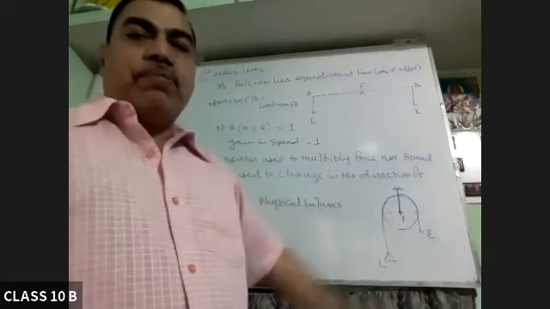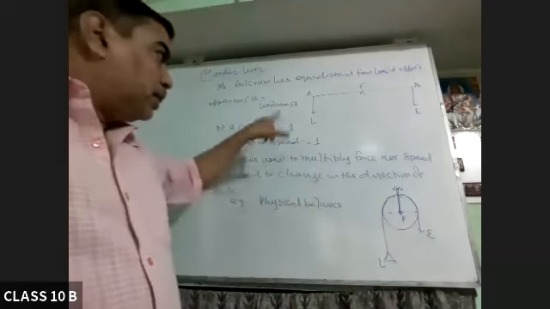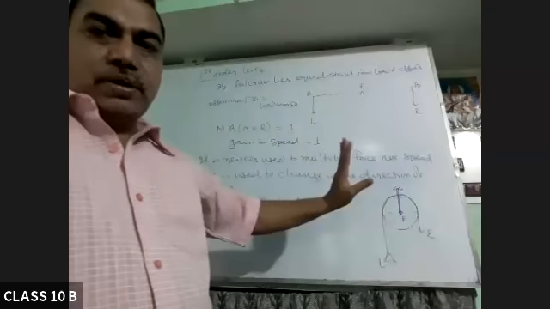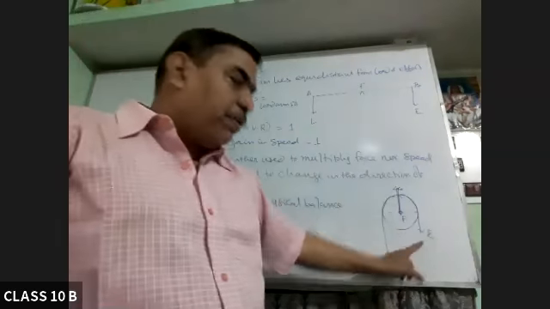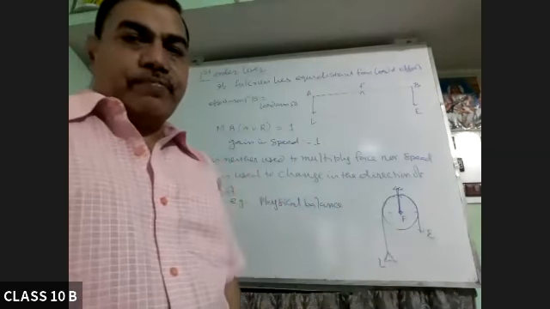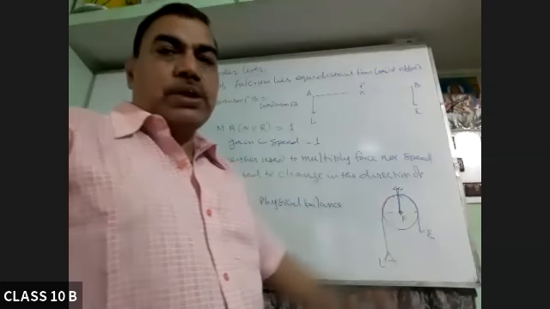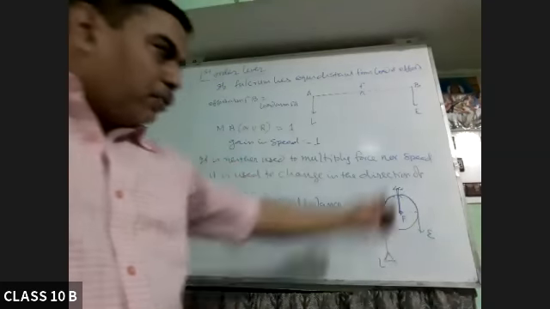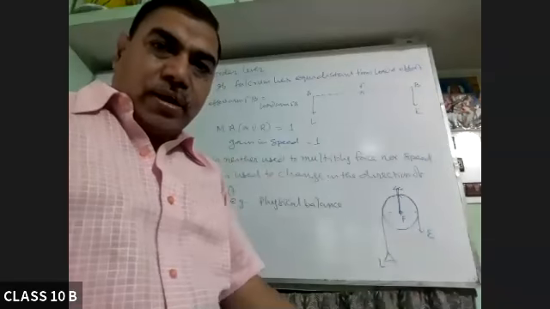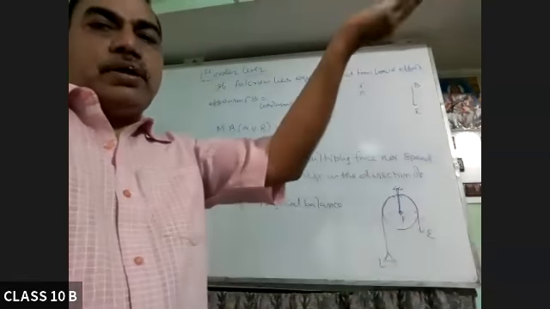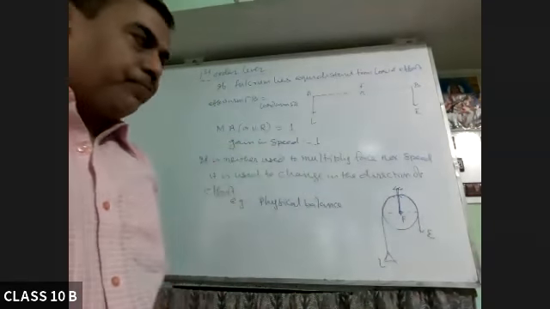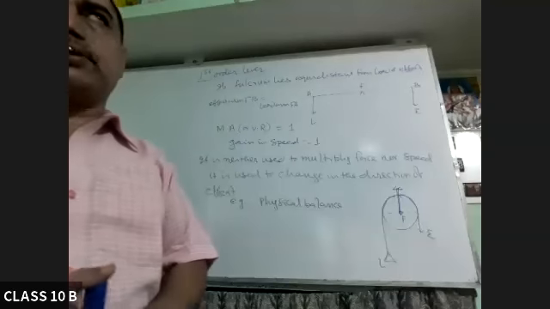It will be of first order and of this situation only. Here also effort and load will be equal. So this is used to change the direction of effort. That is, we are applying force in downward direction, but the load is acting in upward direction. So we are changing the direction.